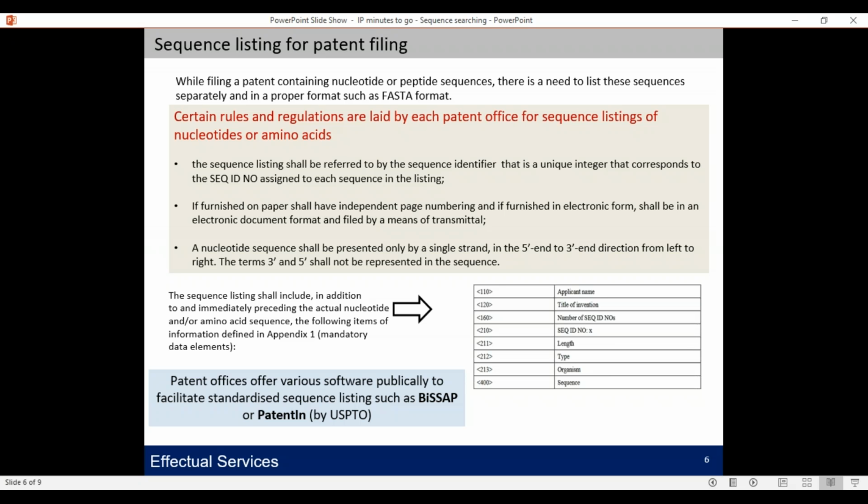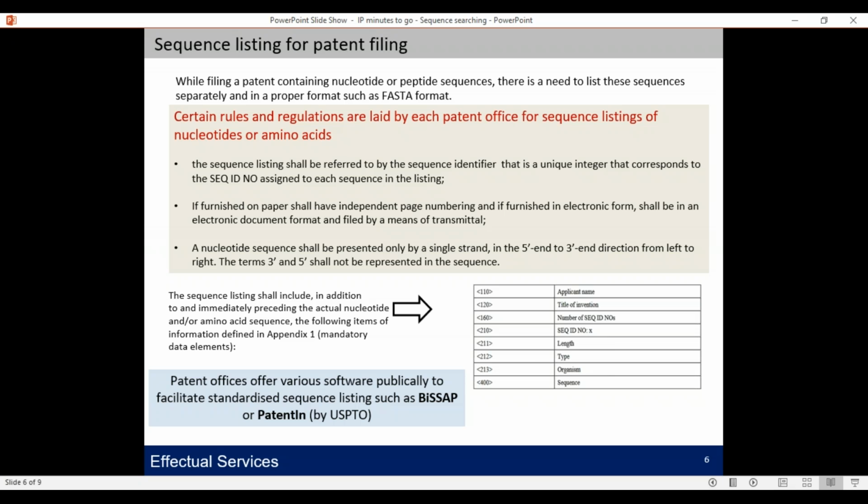While filing patent applications containing nucleotide or peptide sequences, you must list these sequences separately and in a proper format such as FASTA. FASTA is a text-based format representing nucleotide or peptide sequences. These sequences are represented using single alphabetical letters. There are certain rules and regulations laid out by each local patent office for sequence listings of nucleotides or amino acids.